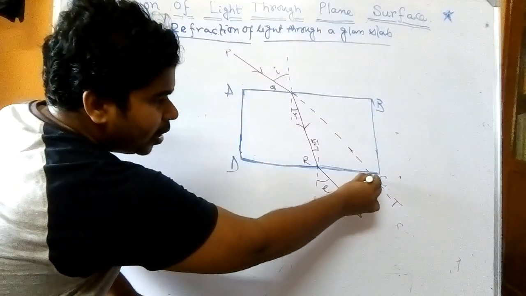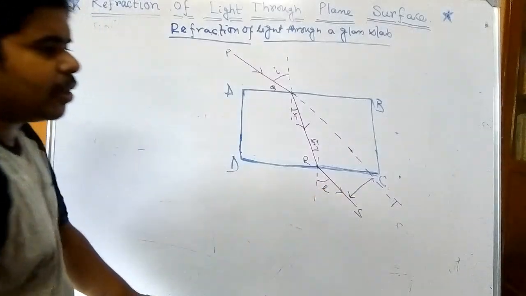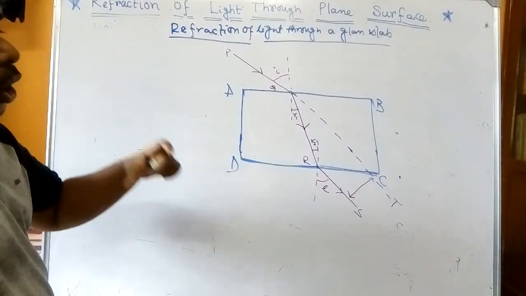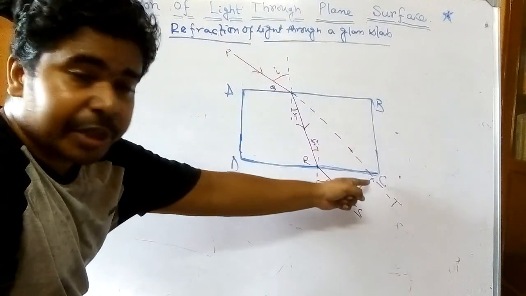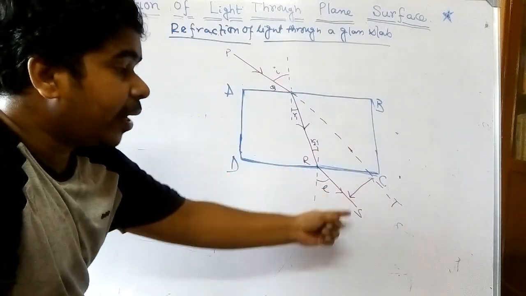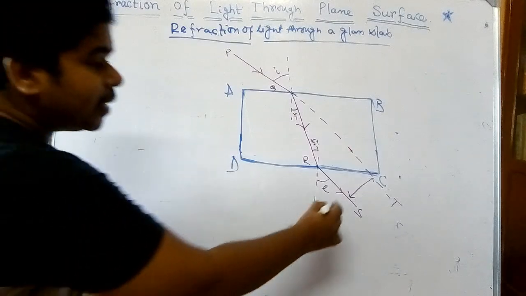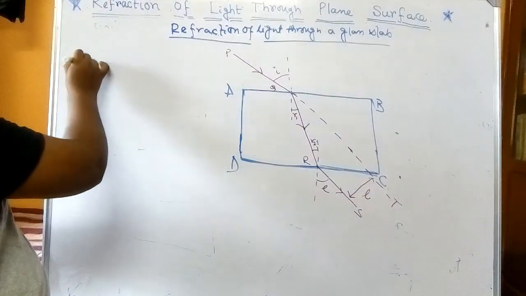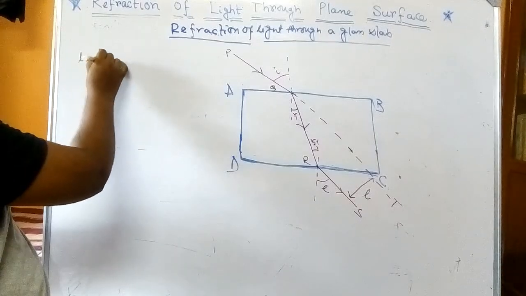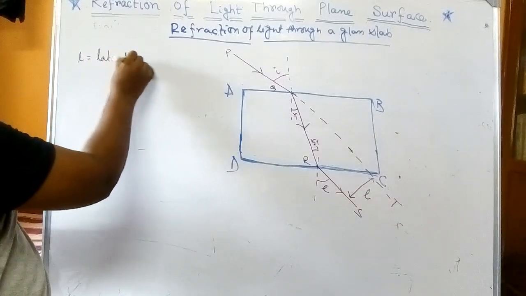So there you see a separation. The separation between the two light rays, where the light ray would have gone and where it actually goes, is denoted by small l, and it is called lateral displacement.